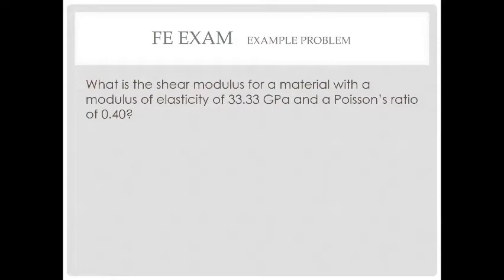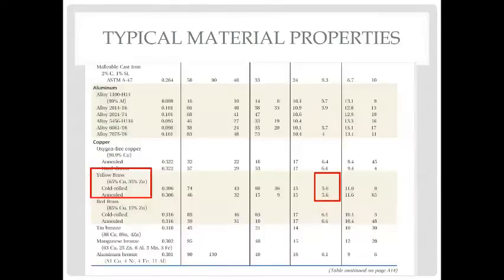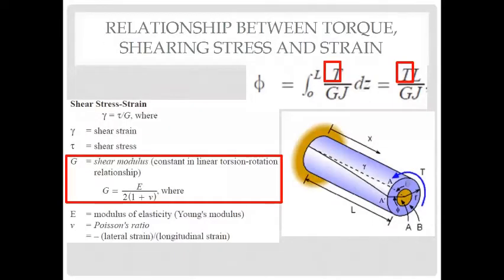All right, if you didn't work the problem or you're trying to figure out how to work the problem, you got a modulus of elasticity E, right, which is 33.3 gigapascals. And you're given Poisson's ratio and you're asking for shear modulus. So in essence, elastic theory is what I would go to and look at this relationship.